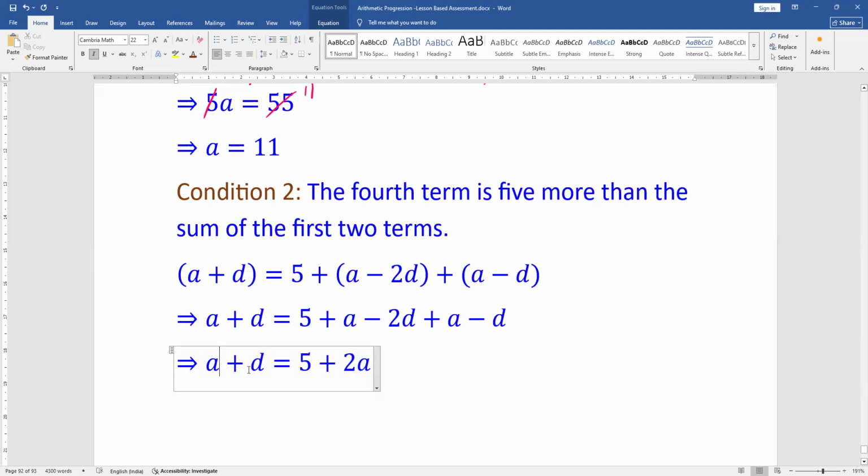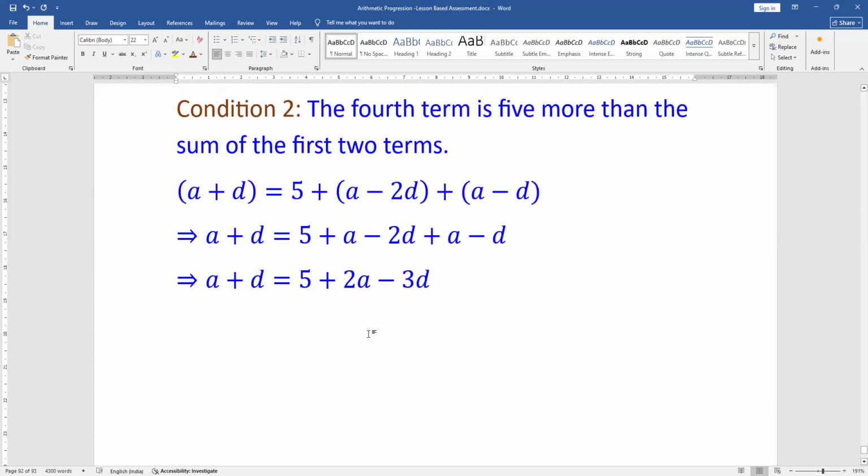So we get a plus d equals 5 plus 2a minus 3d. Here minus 2d and minus d is minus 3d. This minus 3d I can move to the left hand side, and this a you can move to the right hand side.